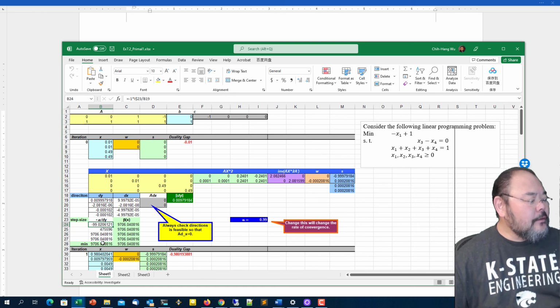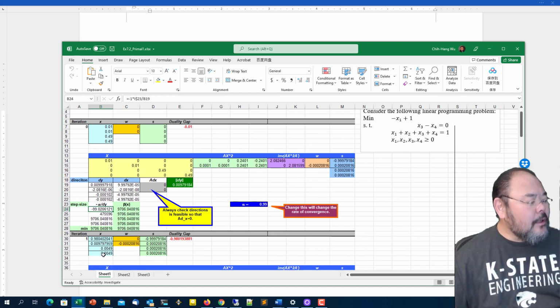Then I can calculate the maximum possible step, and using that, populate here so I can update my X solution right here.